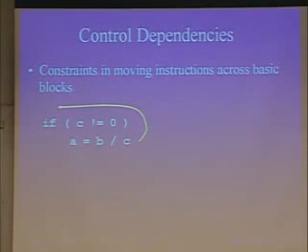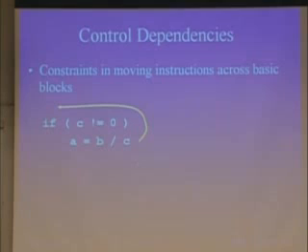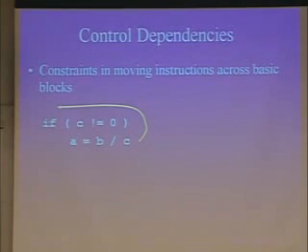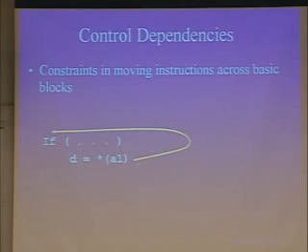You look at it and say, there's only a read dependence, there's no data dependence in here. But you really have to maintain that, because if you hoist the division above the condition, you will divide by 0 otherwise. So in most cases you can't do so.